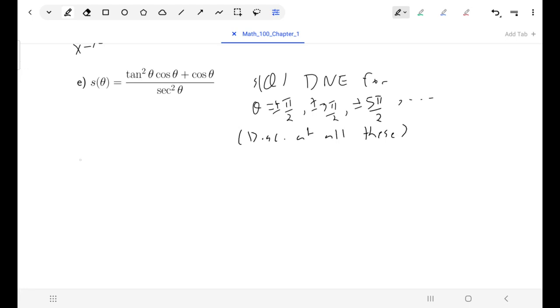So here, the thing that I notice is that for s of theta, you could rephrase this as taking a cosine out, leaving a tangent squared plus 1 behind. And I noticed that that actually would fix a lot of my problems, because tangent squared plus 1 is the same thing as secant squared.